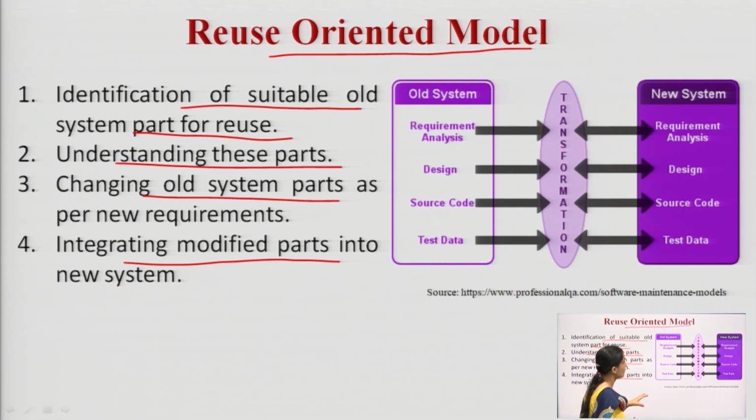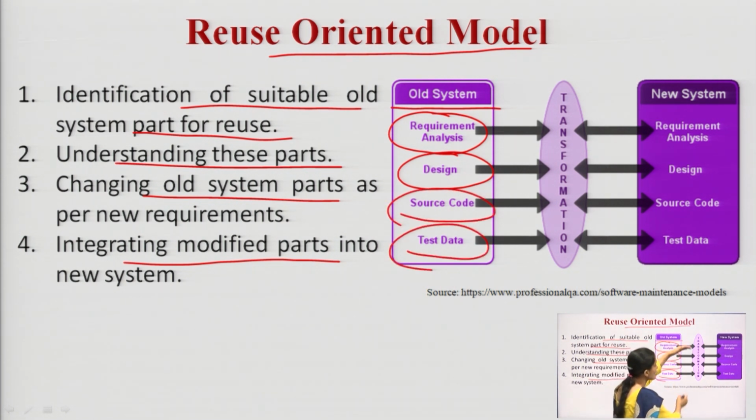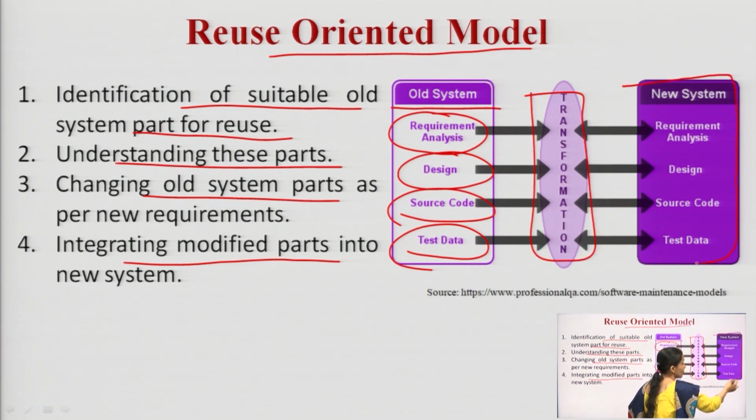See this diagram, this is my old system and it has its requirement analysis phase, design phase, source code and then test data. Here I am doing some transformations and making the new system as per my reuse oriented model. So, these parts can be identified in any of these 4 stages.